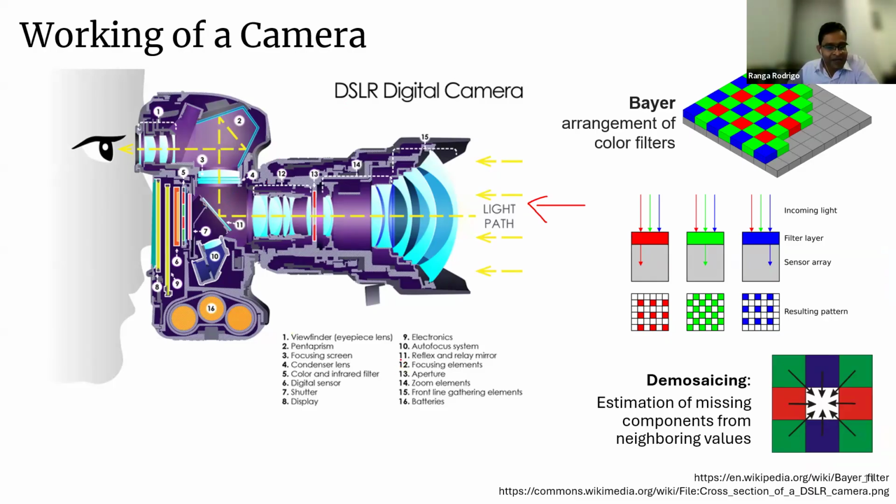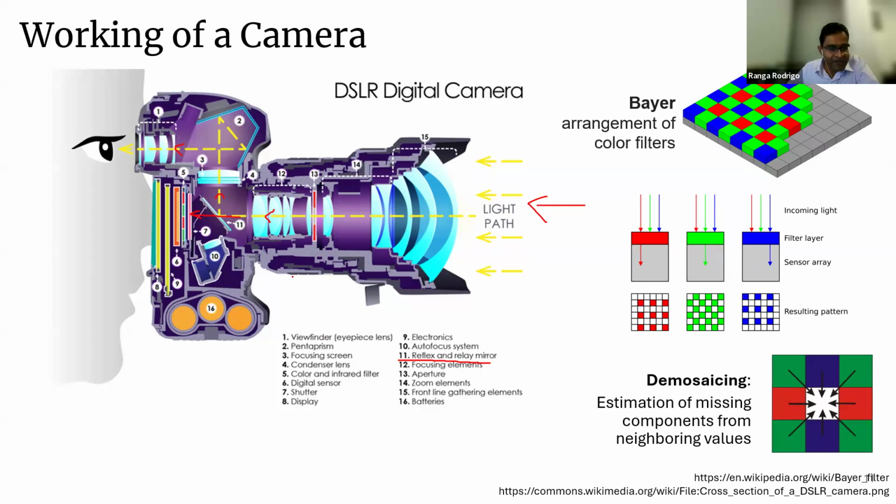Item number 11 is the reflex and relay mirror. So usually light gets reflected through that mirror and goes into the eyepiece. So you exactly see what the light is coming through, and if you retract this mirror, that light will strike this one.